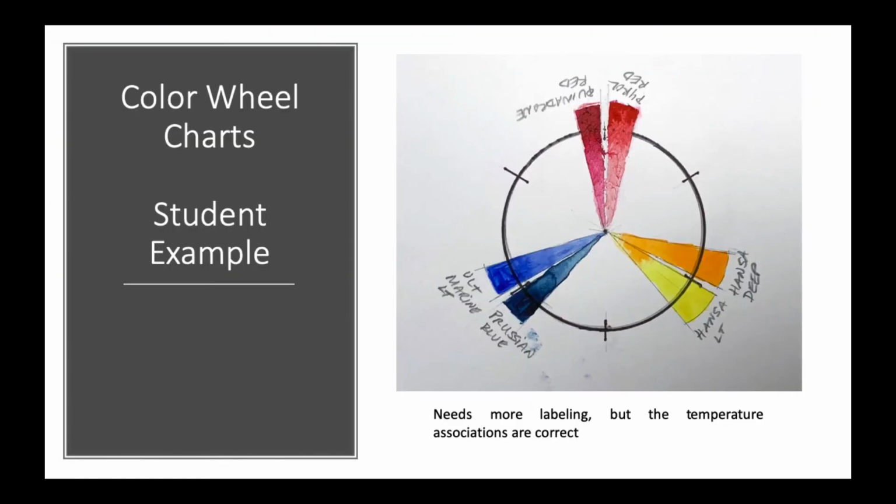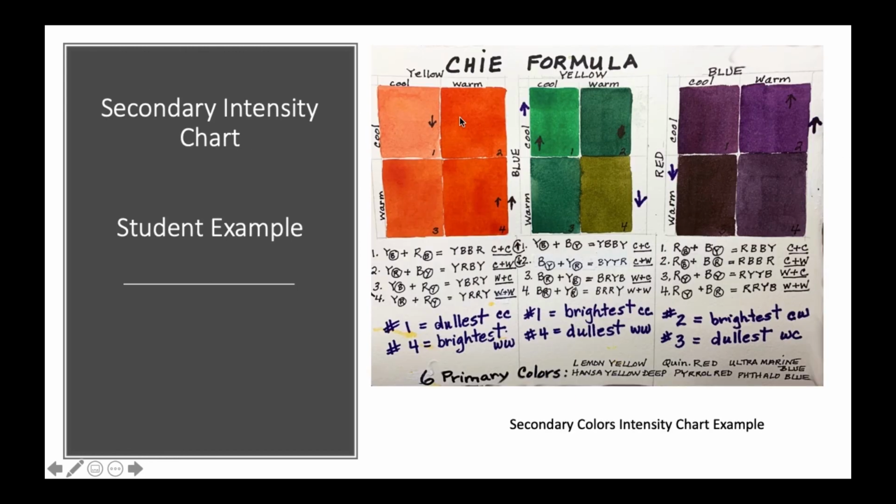So here's some examples. So exercise 1, you have to do the color chart. You have to chart your primary colors, and you have to set up the reds and the yellows and the blues in the right order around the color wheel with the temperature association in the assignment. The second exercise, you'll have a video to watch on this, and you have to mix all your secondary colors using the Chi formula, and that's the video that you'll watch.